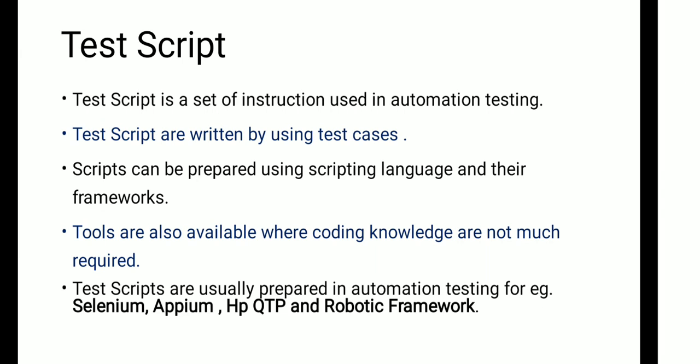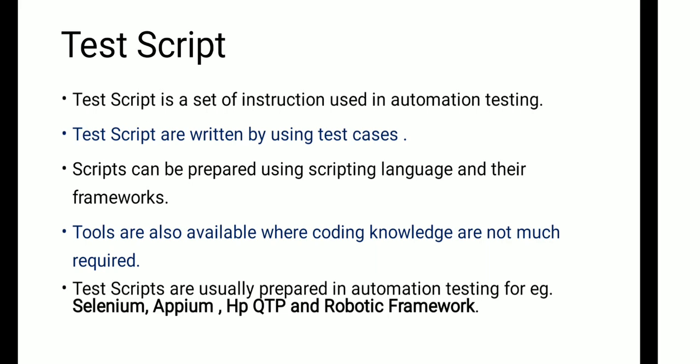Coming on to the next point, test scripts are usually prepared in automation testing tools, for example Selenium, Appium, HP QTP, and Robot Framework. So Selenium, as I've already mentioned, is a very usual topic, and usually many of the clients are using it. It is open source.